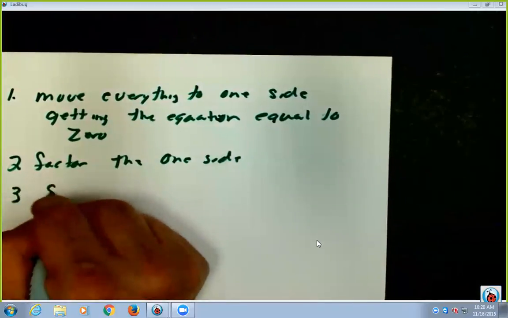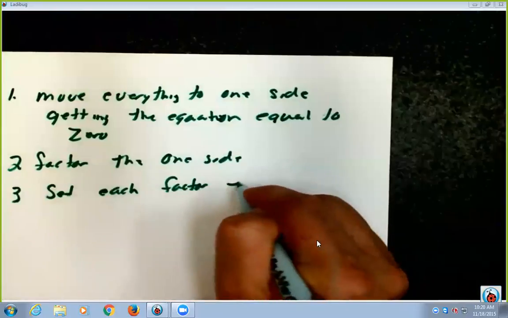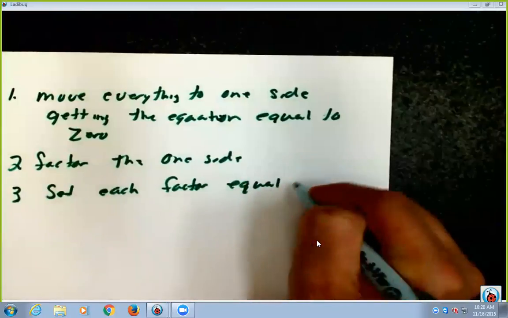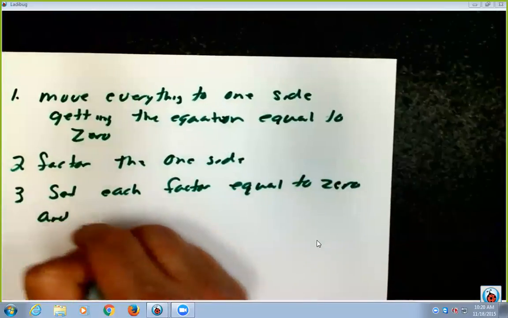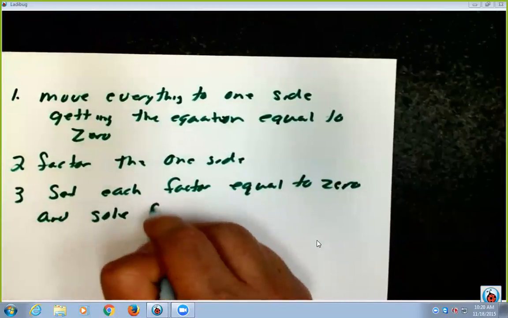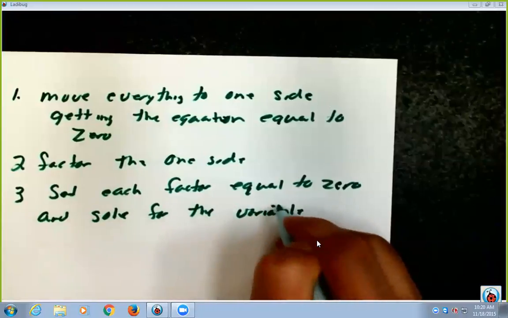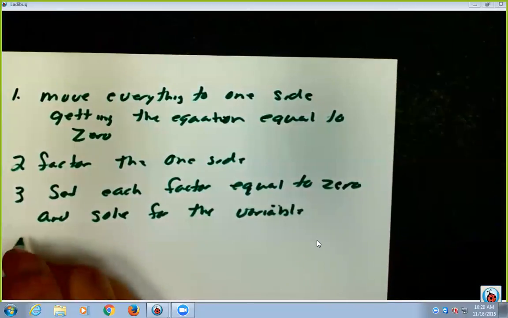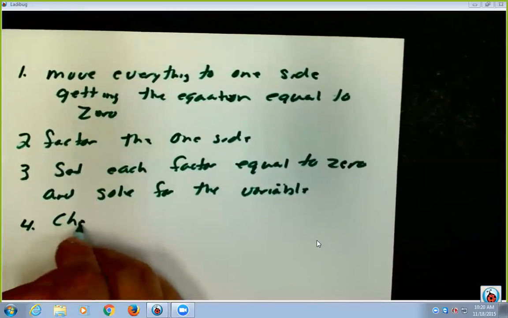Step 3, set each factor equal to 0 and solve for the variable. And then finally, check it.